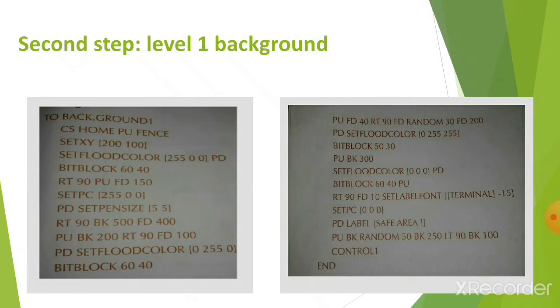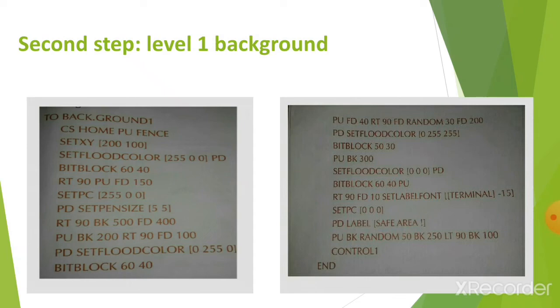In this, the set XY command is used to position the turtle where the object is to be displayed, and the bit block command is used to build a rectangular shape, and set flat color is also used to color the rectangle shape.